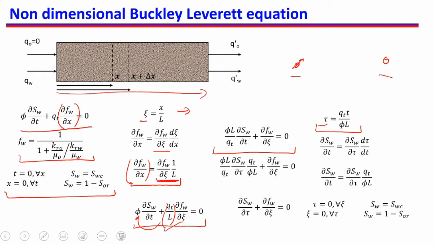This is very interesting. So qt multiplied by t multiplied by area. What does this become? qt multiplied by area is the total volumetric flow rate of water. So if we are just considering injection, we are considering only x is equal to 0 or xi is equal to 0, then qt is equal to qw.